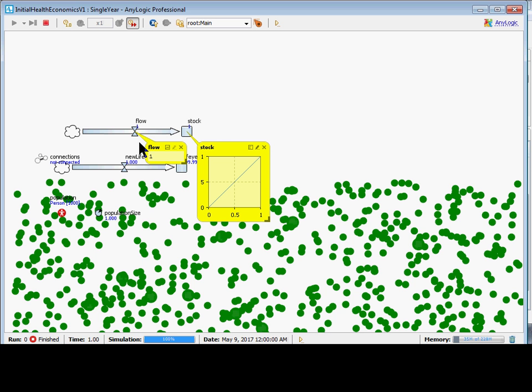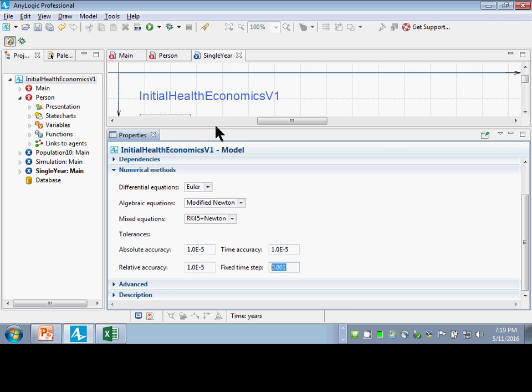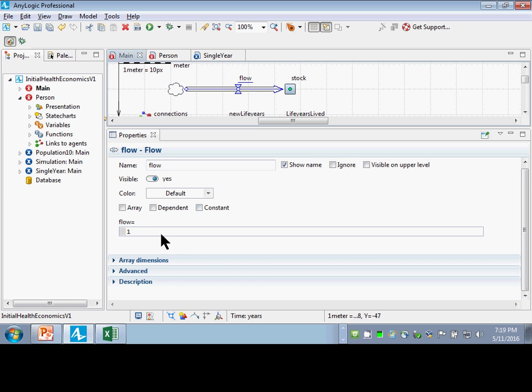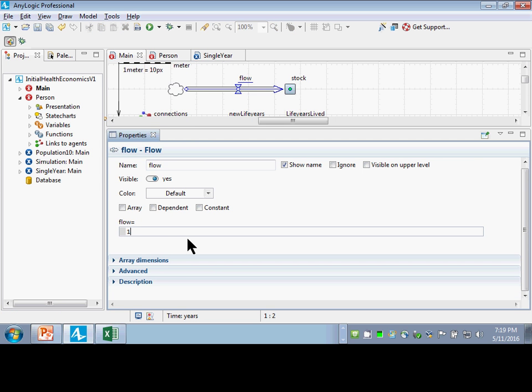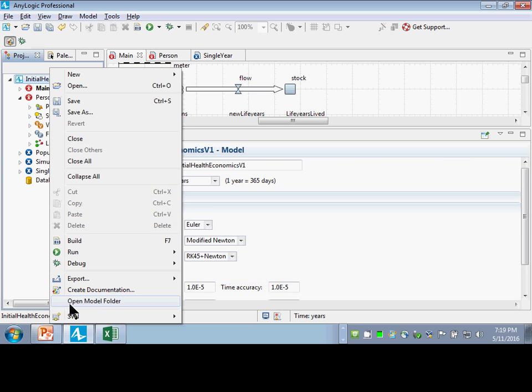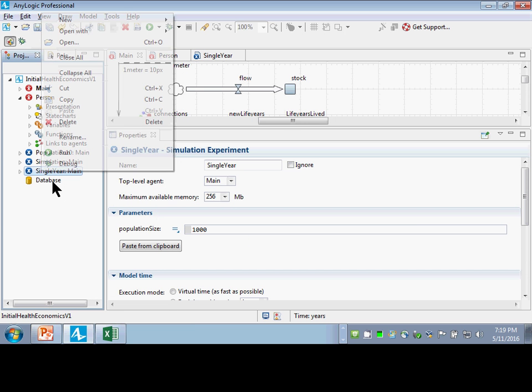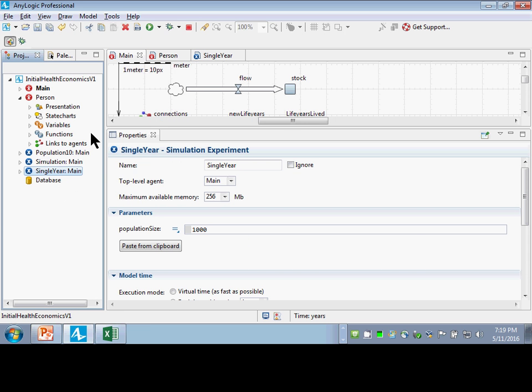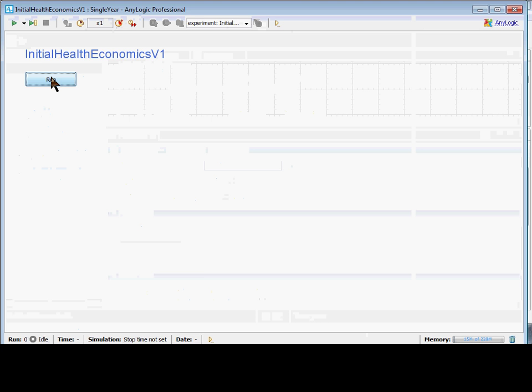If this flow were here, a flow of 10 over the course of that year, I will have accumulated 10 years lived, right? So it's 10 life years lived over the course of that year. Now, if we had this, instead of going just a single year, we had this going 10 years.